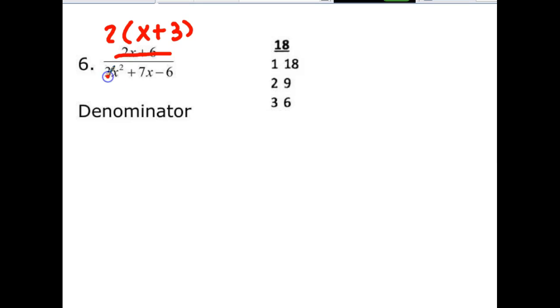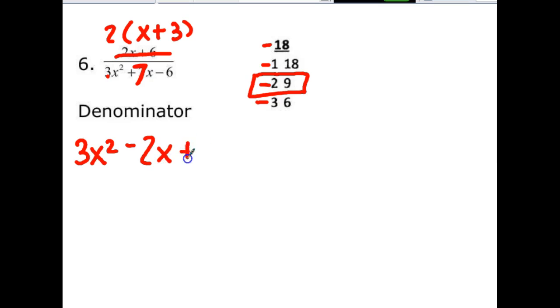I have to multiply the 3 times the negative 6 to get negative 18. Which one of those will add up to get a 7? And so I have to replace the 7 with a negative 2x and a positive 9x so I can factor by grouping.